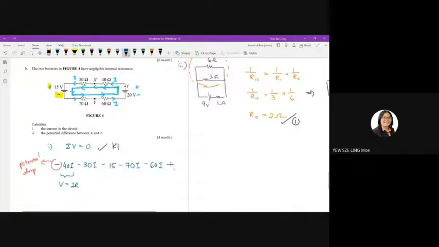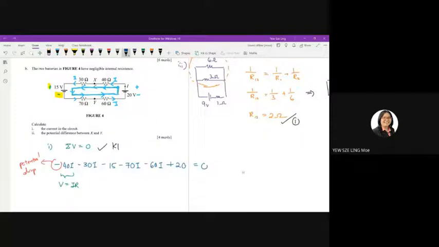So plus 20, and then equals 0. When it passes through a battery, look at whether it travels from positive or negative terminal. If from positive towards negative, it experiences a potential drop. If from negative towards positive, it experiences a potential rise.